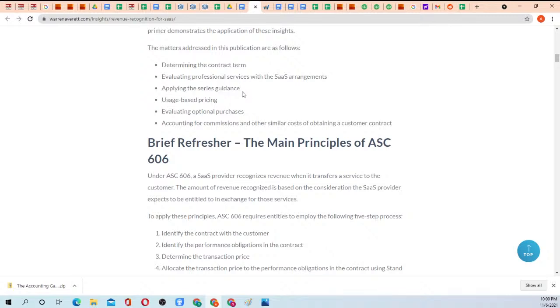Applying the series guidance. So series guidance, we will learn about that later. Series guidance is just some part of the guidance of ASC 606. Usage-based pricing.